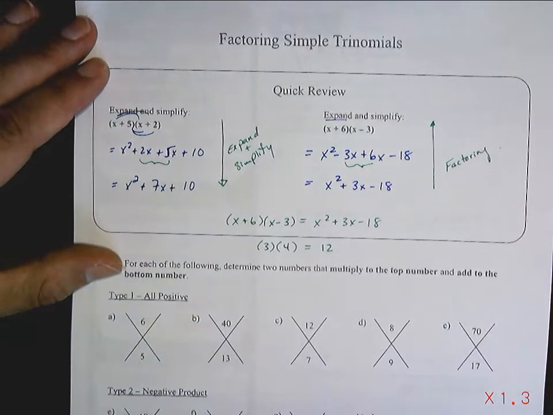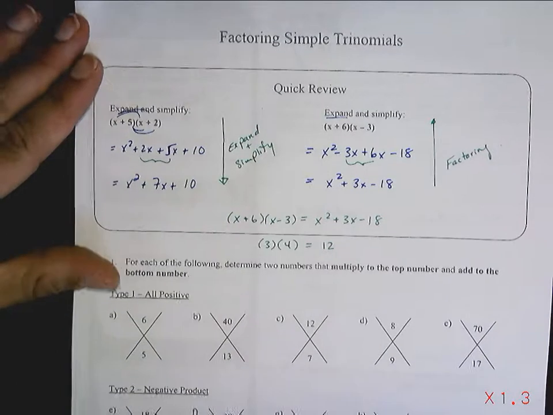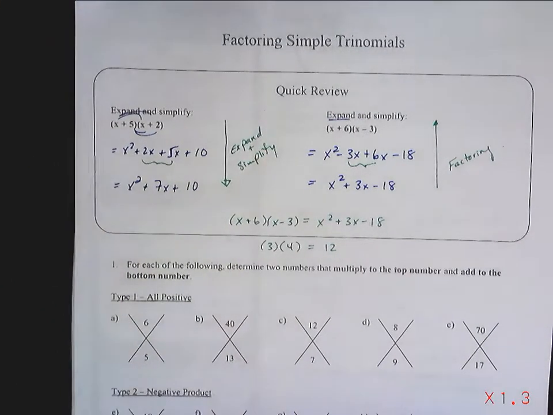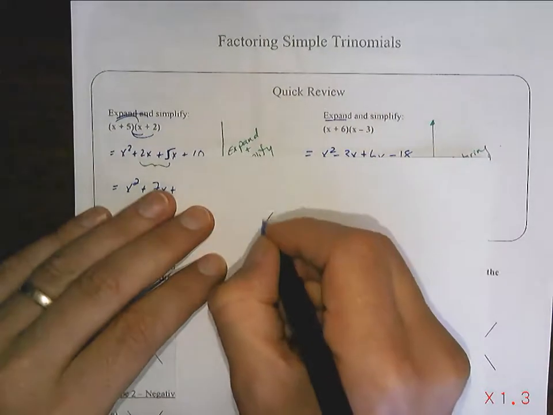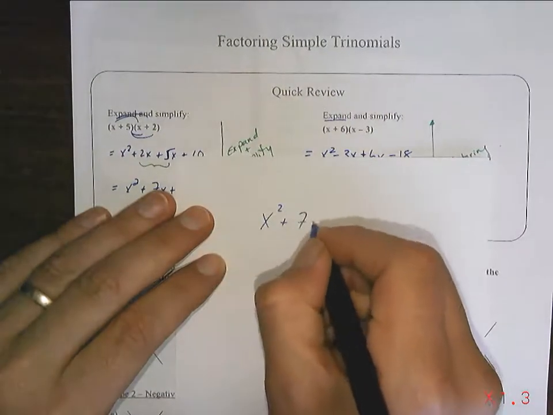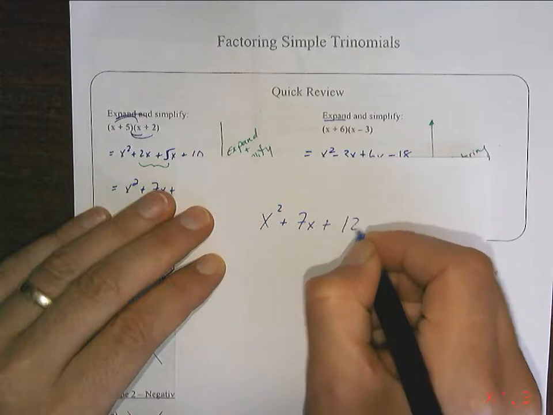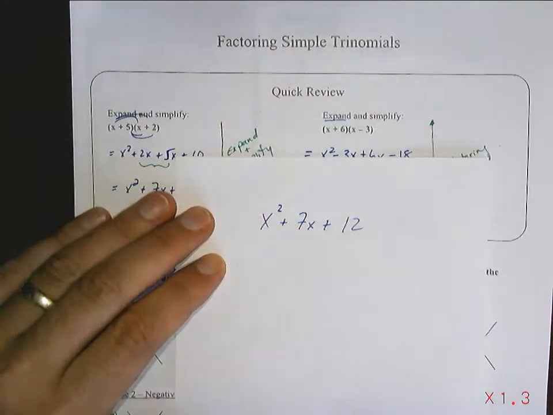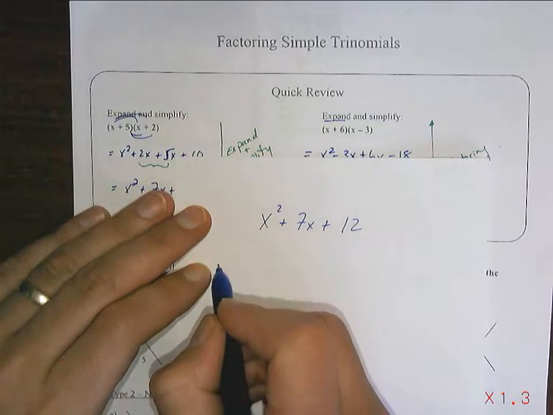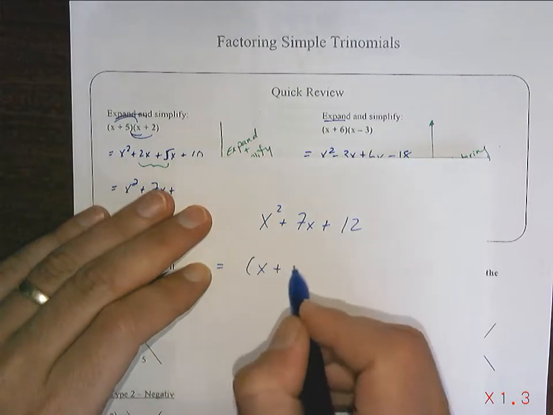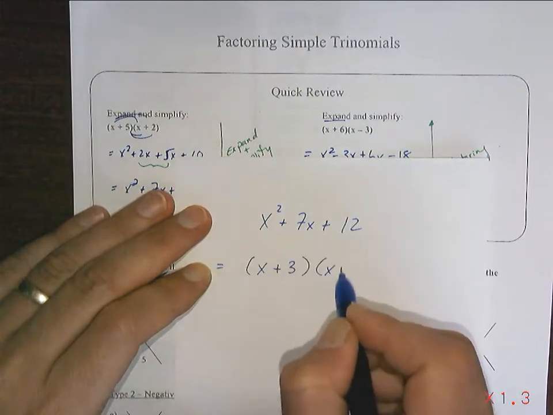Now, something else we should notice. Let's take a really close look at another example. Grab a piece of paper here. I'm making this example up. Let's look at x squared plus 7x plus 12. I made it up. Now, that is going to be able to be factored into x plus 3, x plus 4.